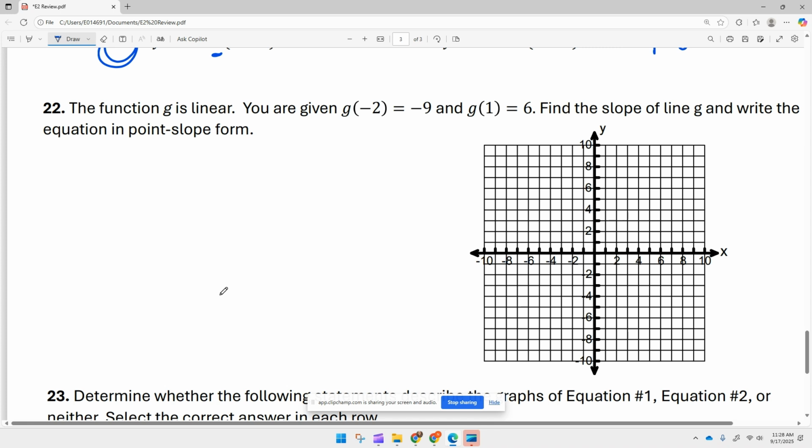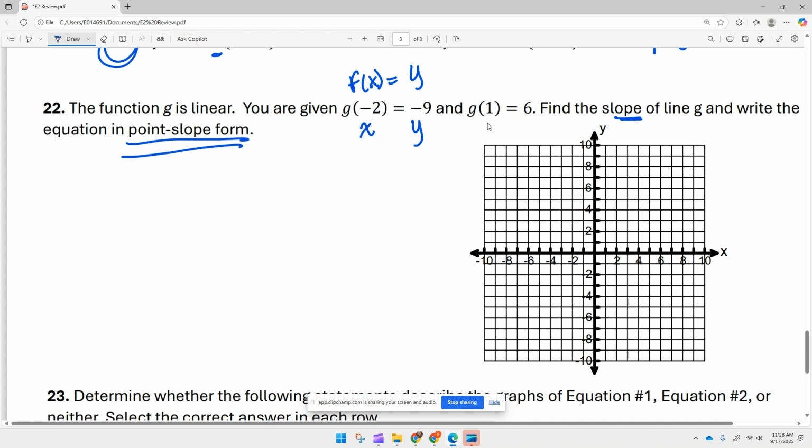Okay, number 22. The function g is linear. You're given g of -2 equals -9 and g of 1 equals 6. We want to find the slope and write in point slope form. Ladies and gentlemen, these are points. F of x is equal to y. That means that -9 is y. That means that -2 is x.